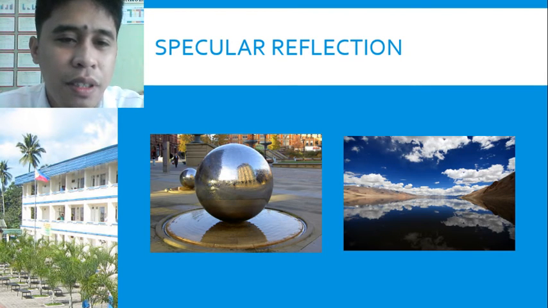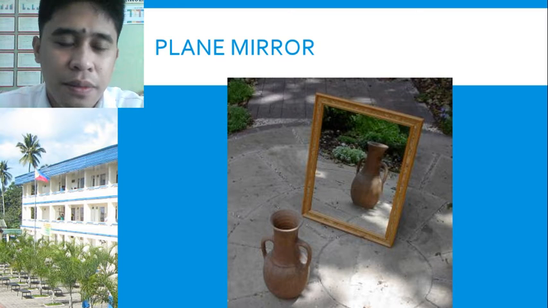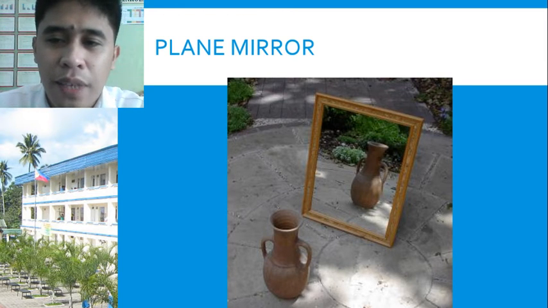Perhaps the most common example of specular reflection is the plane mirror, shown in this photo. Now let us take a closer look into the law of reflection, which allows the formation of images or reflections.